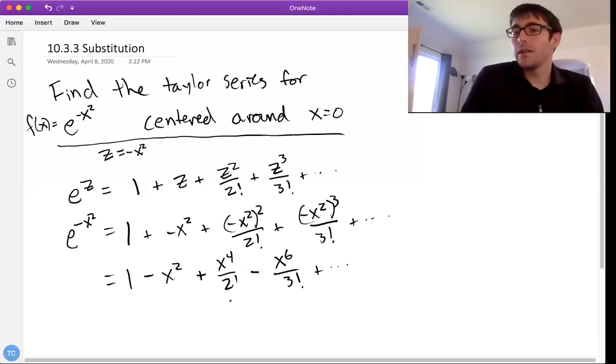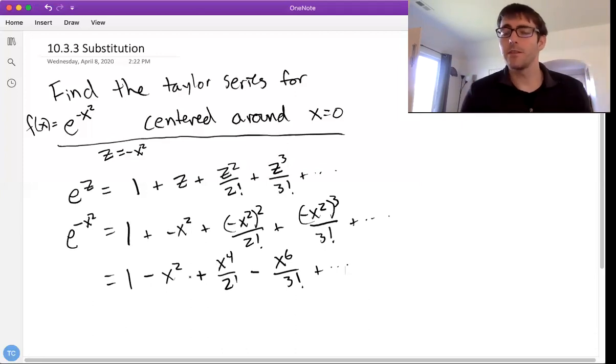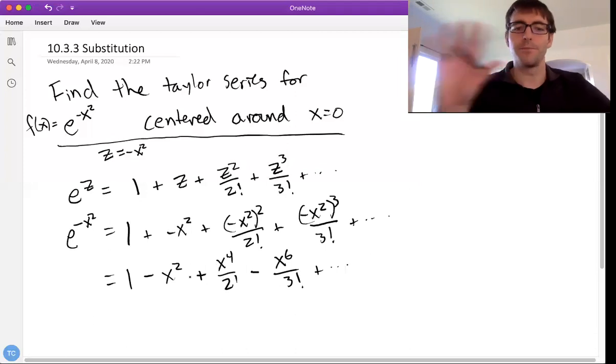This looks a little bit like cosine, but because the denominators are fairly different, this ends up being a drastically different function. Just one thing I wanted to point out there.